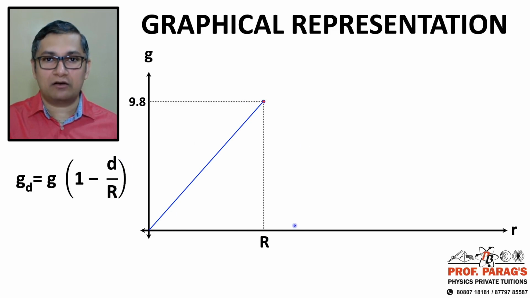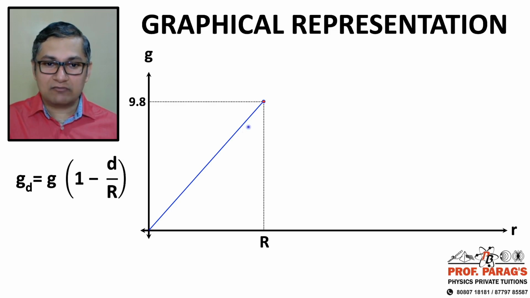Degree means the power of the x-axis variable here. The x-axis is the distance, which is being represented by this small d here. And the distance, small d, its degree is basically 1. It's d raised to 1. So since it is d raised to 1, the degree is 1, the graph has to be a straight line. So please note this. If y is directly proportional to x raised to 1, if you have this kind of an equation, the graph has to be a straight line.